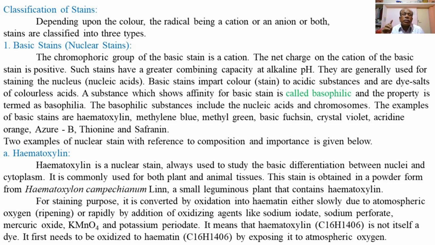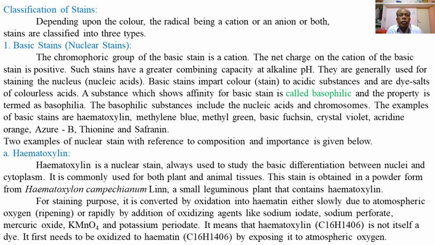Hematoxylin is always used to study the basic differentiation between the nucleus and the cytoplasm. Whenever we stain the cellular materials or the components of the tissues, hematoxylin stains the nucleus or the nuclear components, and thus they can be differentiated easily from the cytoplasm.